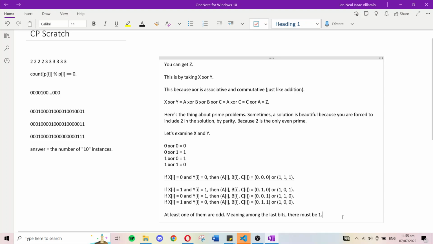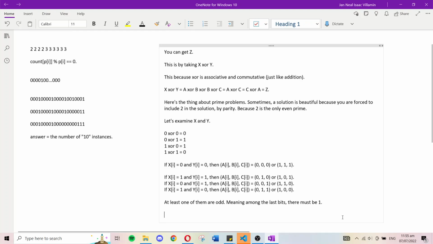So basically, okay, wait. My PC is getting slower, so I need my fan. Okay. So xi equals 0 and yi equals 0 cannot hold for the last bit when i equals 0.